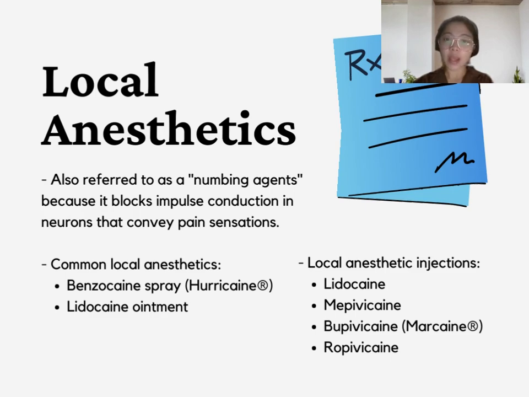Benzocaine spray or lidocaine ointment is sometimes utilized to numb the mouth and throat for procedures involving placement of a camera such as ear, nose and throat, and office procedure or upper gastrointestinal endoscopy. While lidocaine, mepivacaine, bupivacaine, and ropivacaine are commonly used for injections at surgical sites.